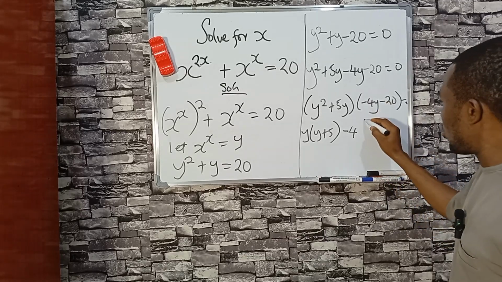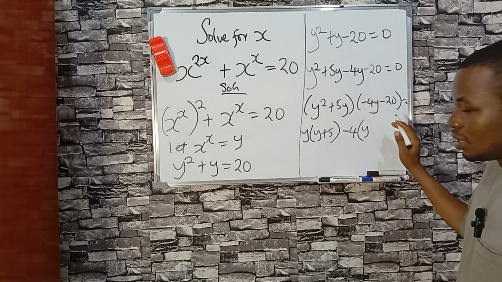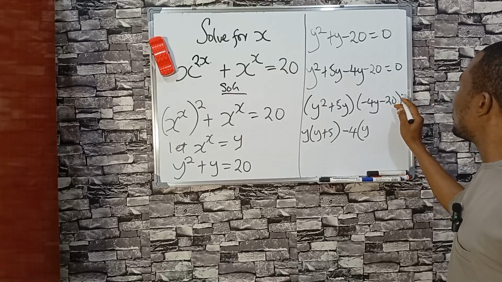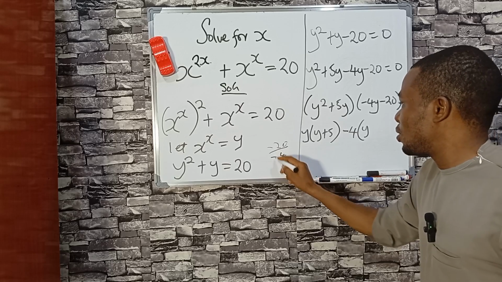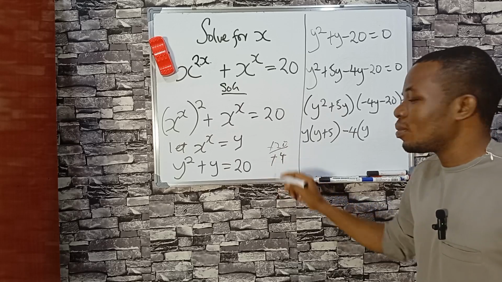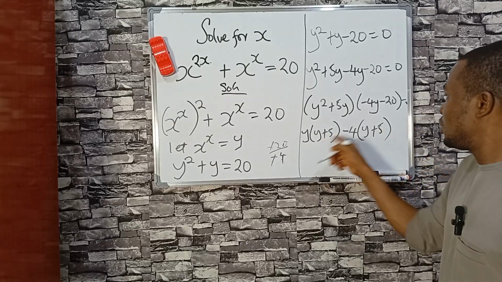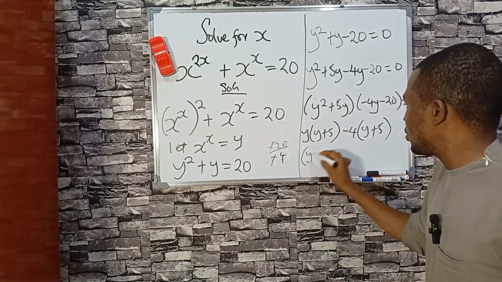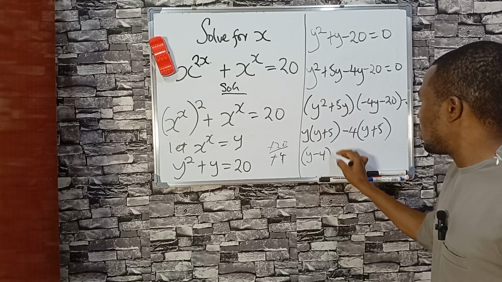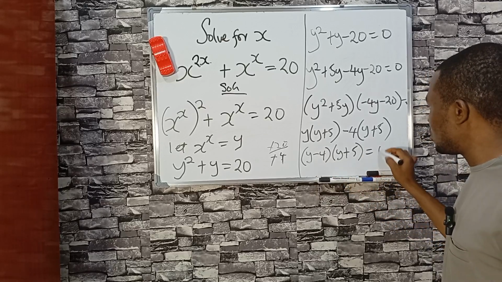So we'll have positive y. Check: minus 20 divided by minus 4, 20 divided by 4 is 5, and it's positive 5. So you can have this to be the same. Then you can group the bracket: y minus 4, then y plus 5 equals 0.